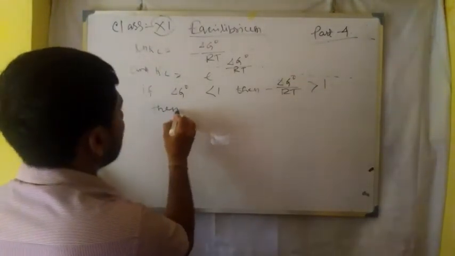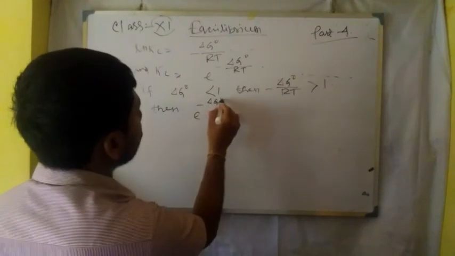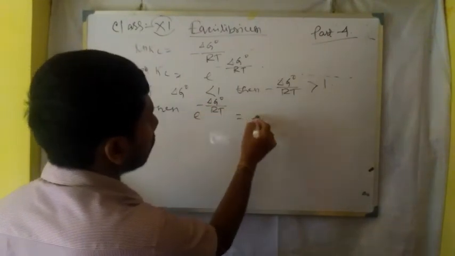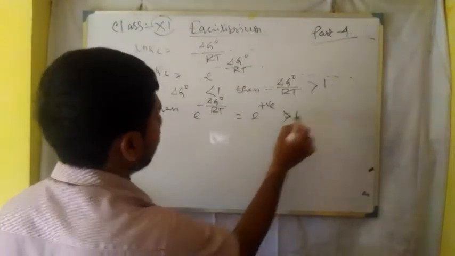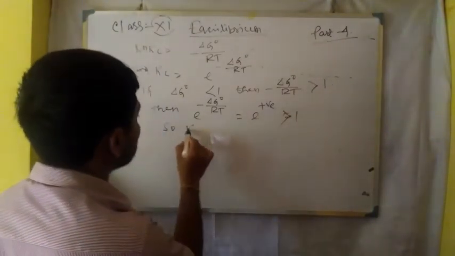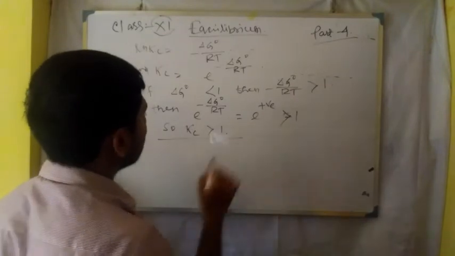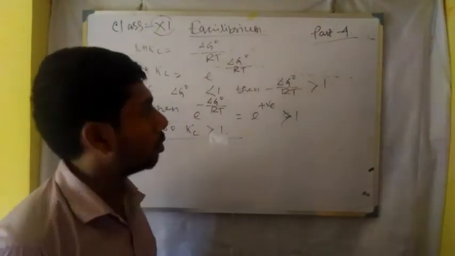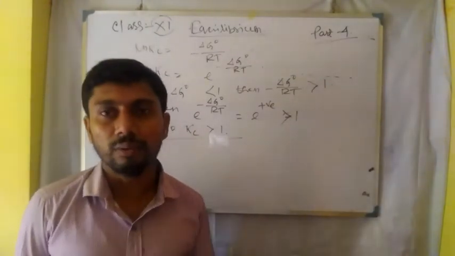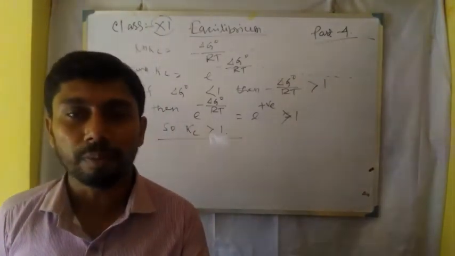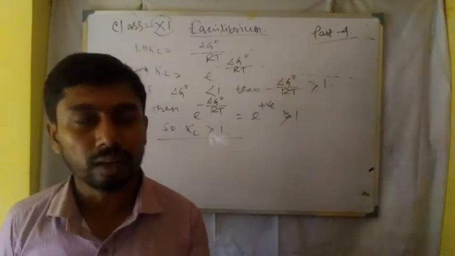Then e to the power minus del G0 by RT is e to the power plus ve, that is greater than 1. So Kc greater than 1. So when del G0 is less than 1, then Kc greater than 1. That means the value of the equilibrium constant is greater than 1.